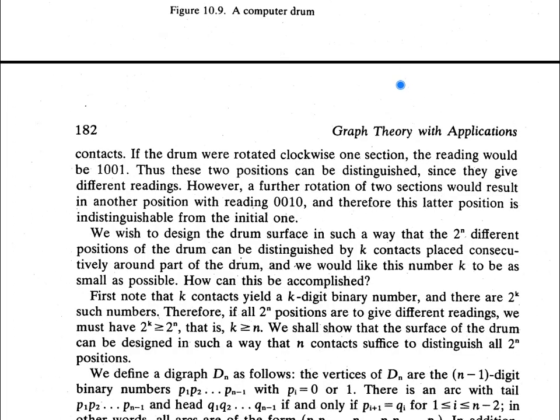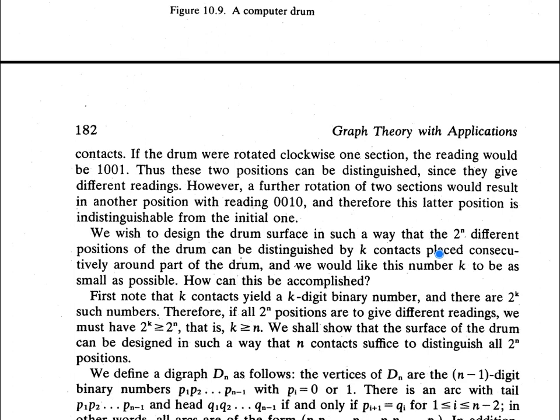And let's see how we can do. Consider how many different positions you have to distinguish. Okay, and let's suppose that they are a power of 2 to simplify things. Okay, if you need less than a power of 2, some will be left without meaning.